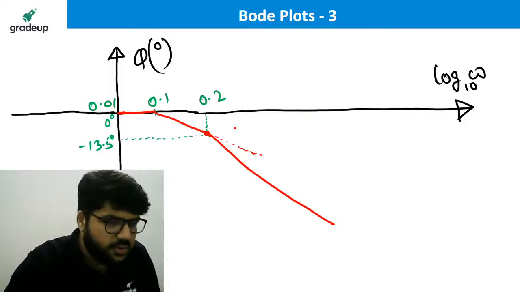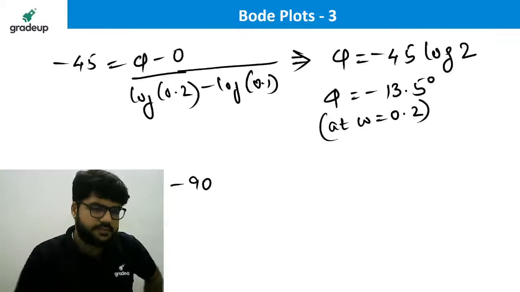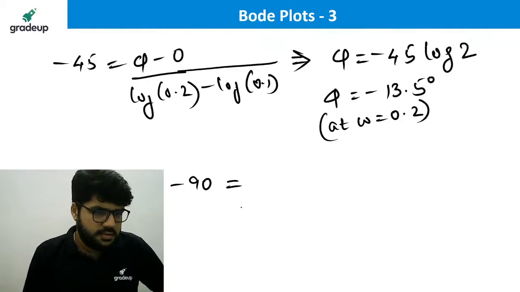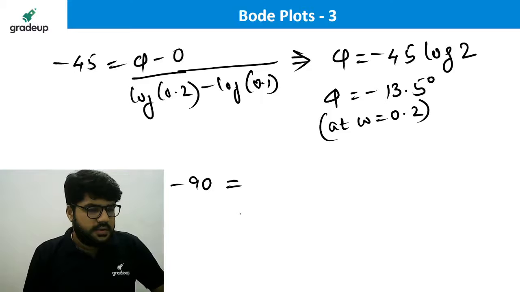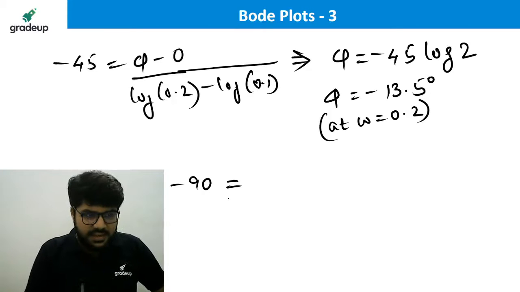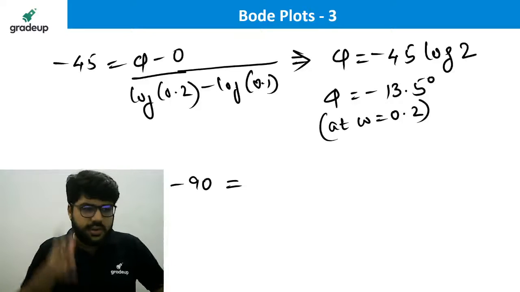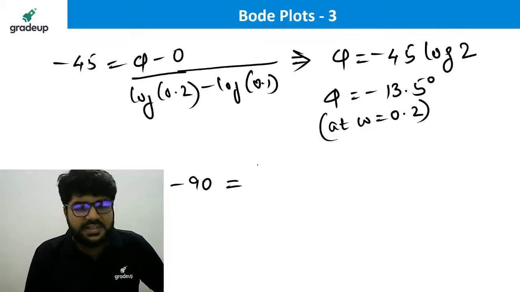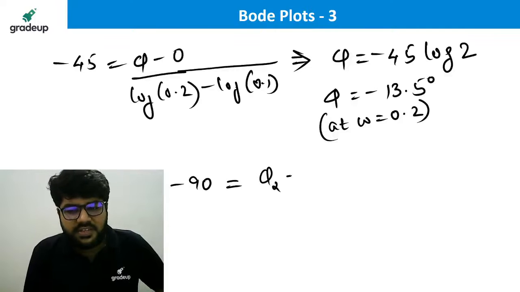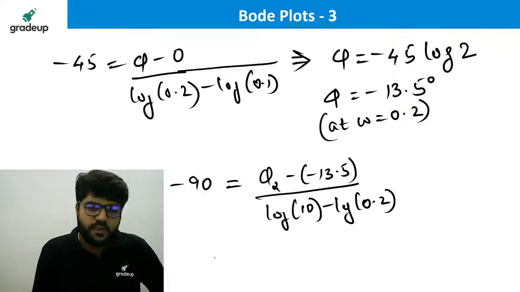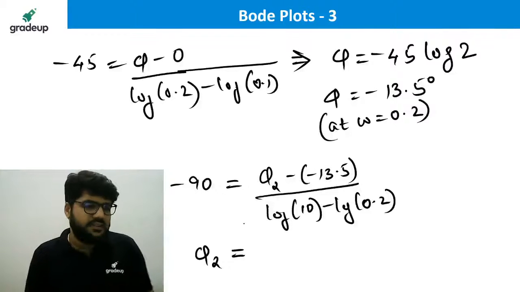Yes, it is a straight line only, Swami. Soumya, you want to say, is it vertical? Minus 90 is equal to y2 minus y1, phase 2 minus 13.5, divided by log of 10 minus log of 0.2. Solving this, we will get the value of phi 2.